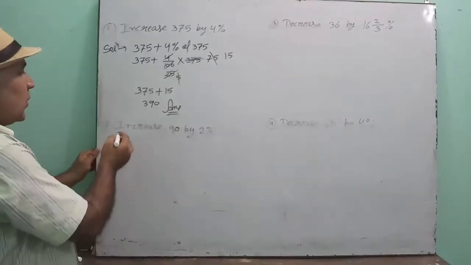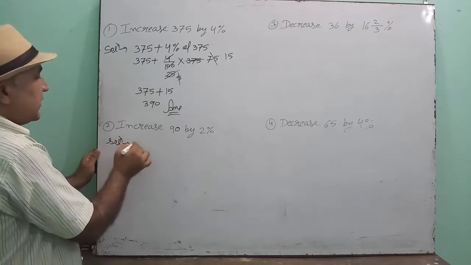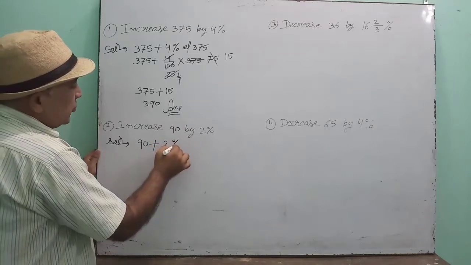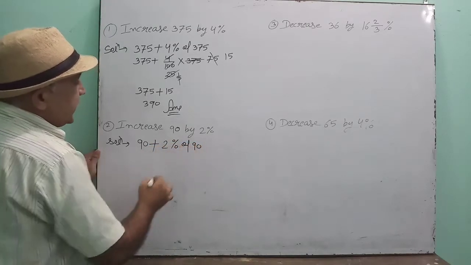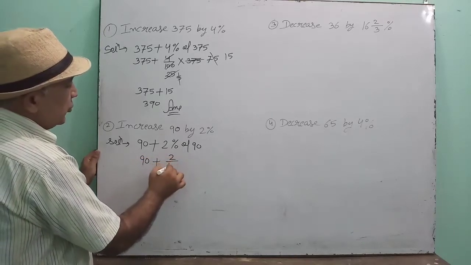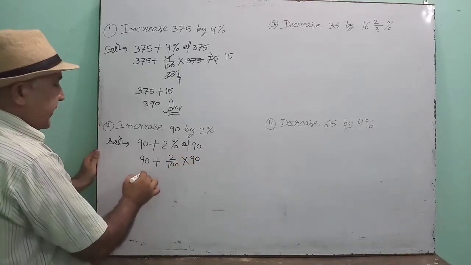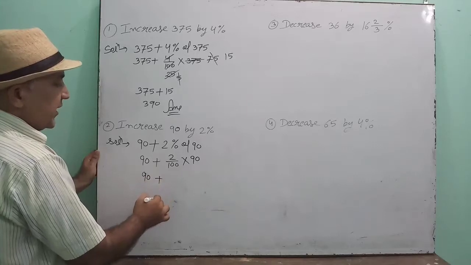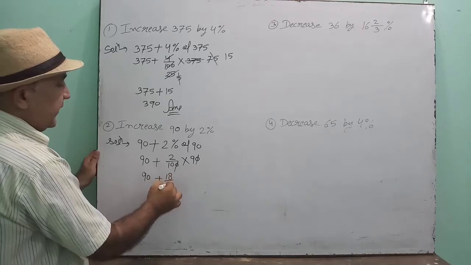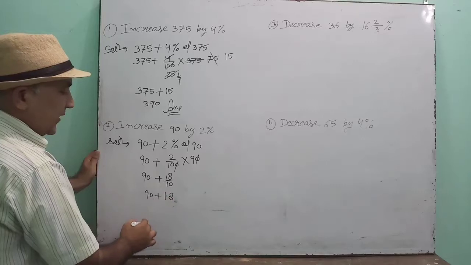See one more. Increase 90 by 2%. Again the same question. 90 is increased by 2% of 90. See how to solve. 90 plus 2% means 2 upon 100 of, multiply into 90. 90 plus, see, 0 and 0 cancel. 9 into 2 is 18 upon 10. 18 upon 10 means 1.8.